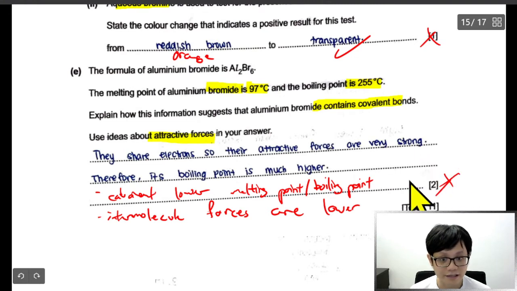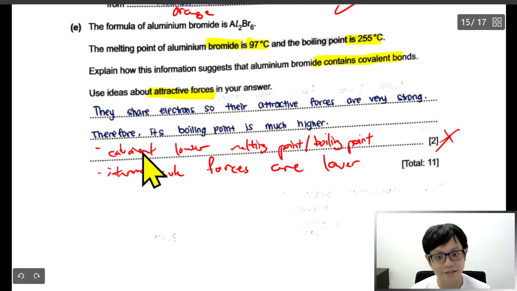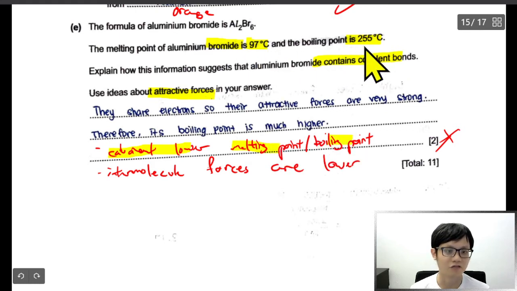So the student didn't get any mark because the one thing they want to say is covalent bond has a lower melting point, boiling point. Maybe you think 255 is a lot, but the reason we say low is because ionic bond is usually 1000 plus.